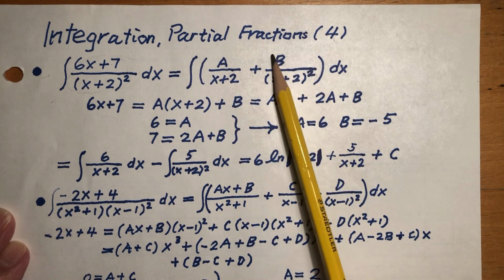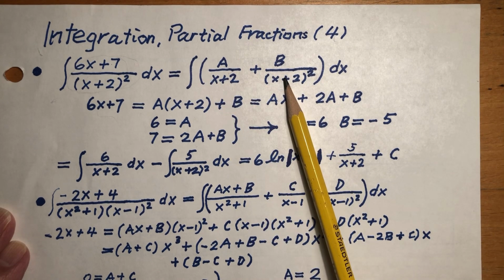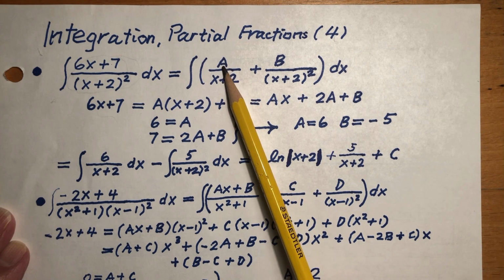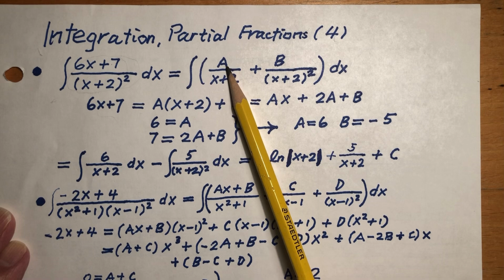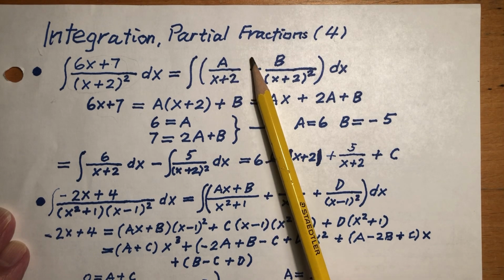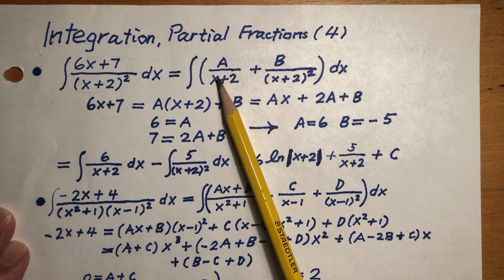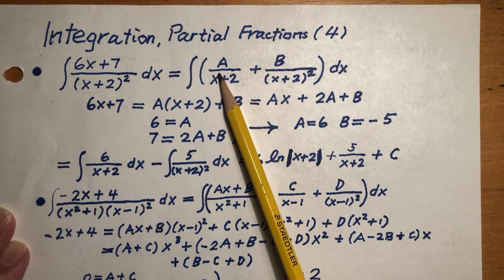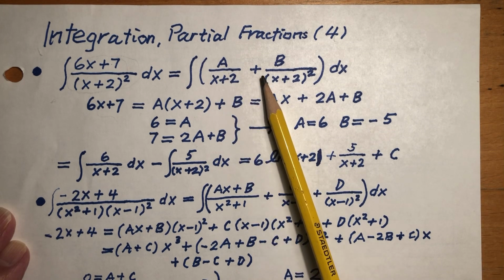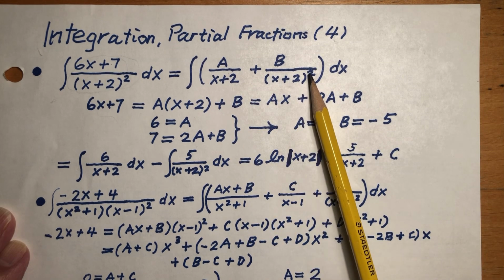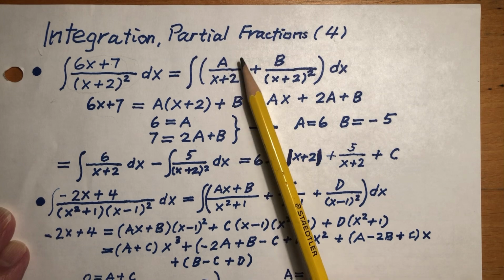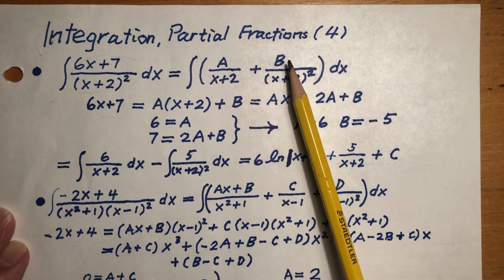Expand this using common denominator. So A is multiplied the bracket x plus 2. You already have x plus 2, but the common denominator is x plus 2 squared. So A times x plus 2.